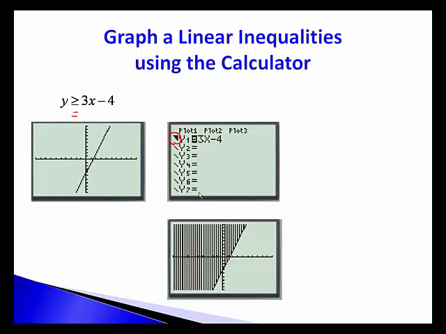Now let me make sure you understand what this says to us. That says that anything that is in this shaded area, for instance that point right there, if I plugged it in to this inequality right here, would make it true. This point right here would also make it true, as would this one. Let me ask you, what about a point that's on the line right there?